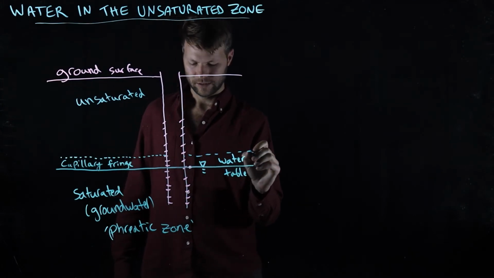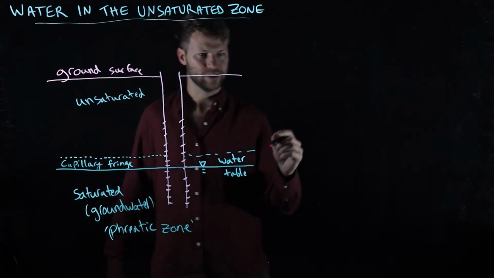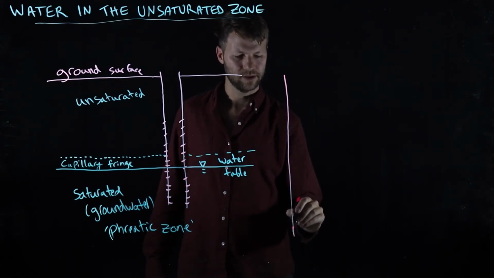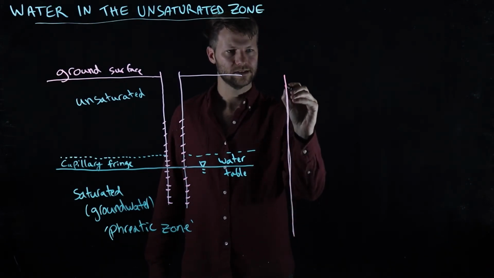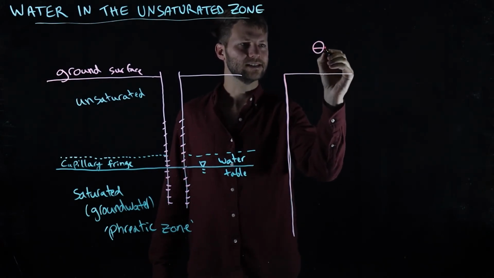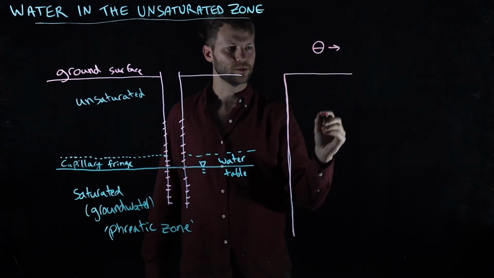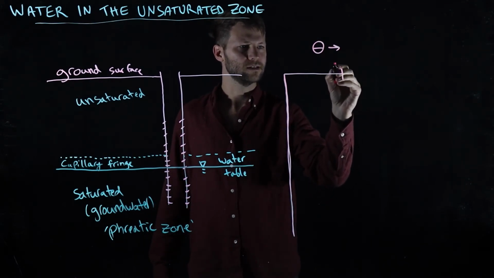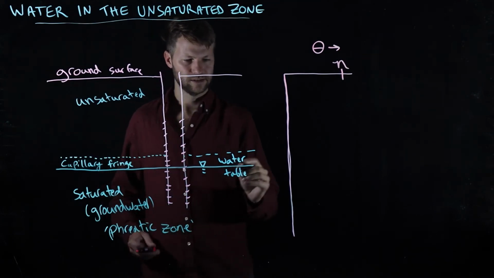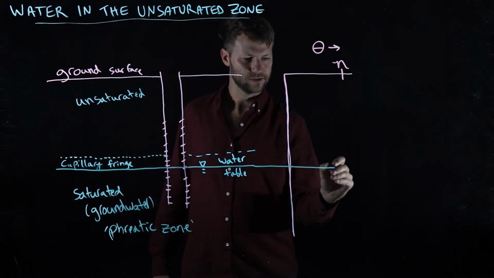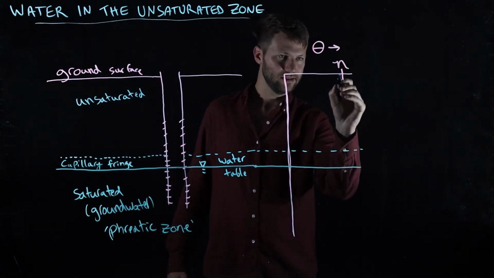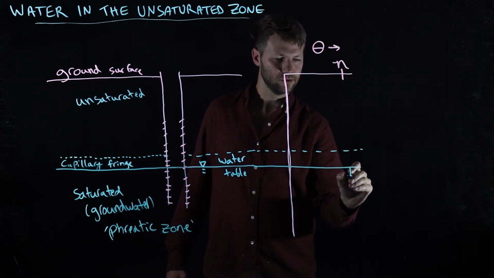If I were to draw a plot over here, and this plot is a function of depth on the vertical axis, and on the horizontal axis it's a function of theta, or volumetric water content, and I were to label here the porosity of the subsurface, draw these lines over, we know that below the water table we're saturated.